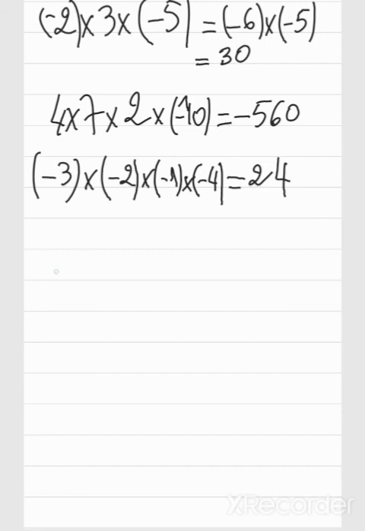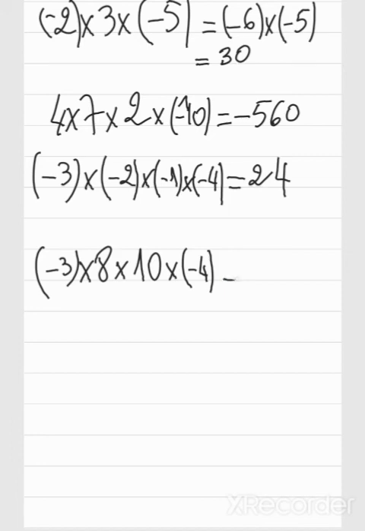What about this one? Negative 3 times 8 times 10 times negative 4. Can you guess the sign?